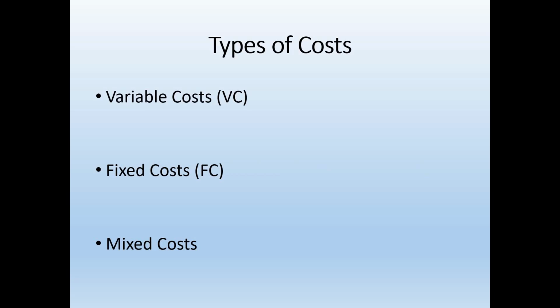In the real world, costs behave in lots of different ways, but generally, we can think of them as falling into one of three basic categories: variable costs, fixed costs, and mixed costs. Variable costs get their name because we expect these costs to vary as the firm's activity level changes.